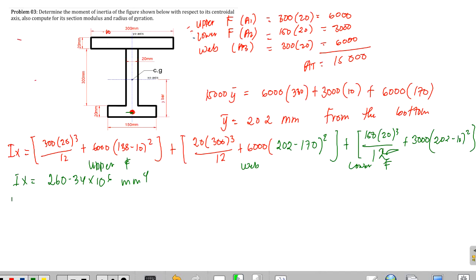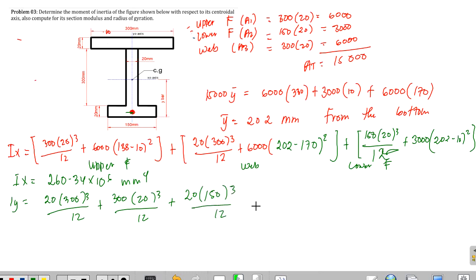For the upper flange, that is 20 times 300 cube over 12, plus for the web, that is 320 cube over 12, and for the lower flange, that is 20 times 150 cube over 12. So our Iy now is equal to 50.825 times 10 raised to 6.